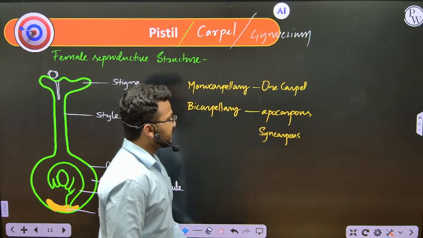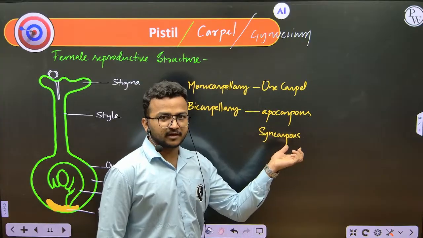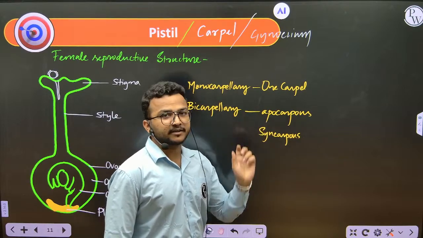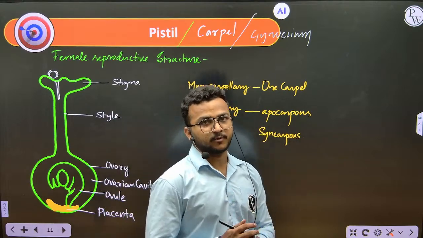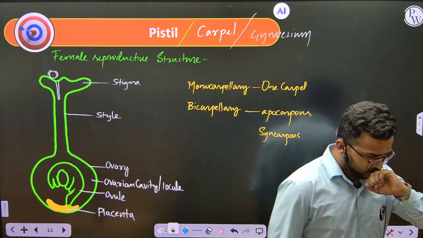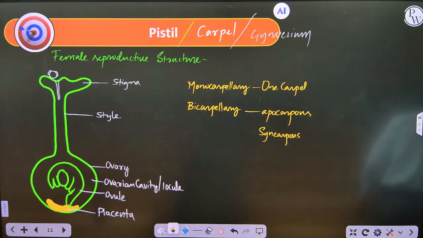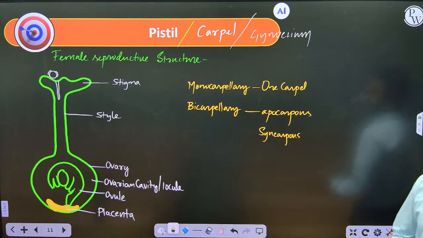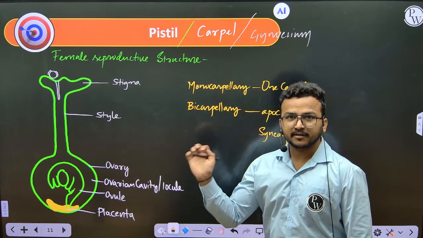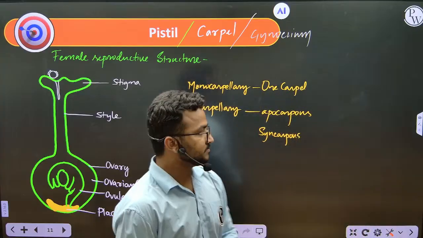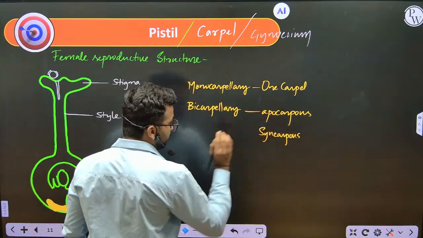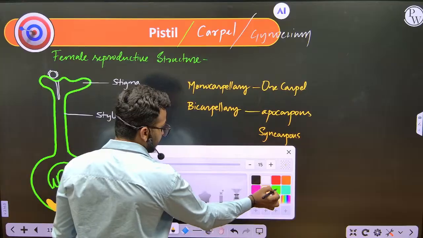You need to tell me what apocarpous and syncarpous are. Here the word apo is there. What is the meaning of this apo word?